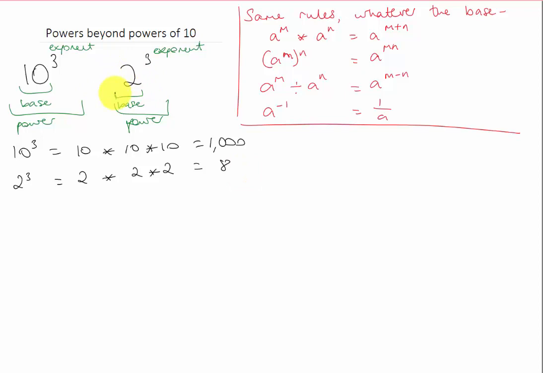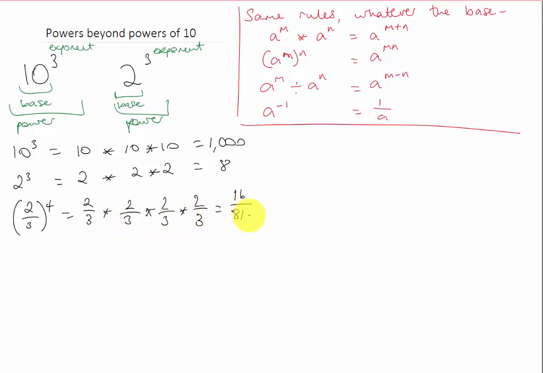This base doesn't have to be a whole number, it could be a fraction. So if we have, let's say, 2/3 to the power 4, then that's 2/3 times 2/3 times 2/3 times 2/3, which is, if you multiply 2 times 2 times 2 times 2, that's 16 over 3 times 3 times 3 times 3, that is 81.